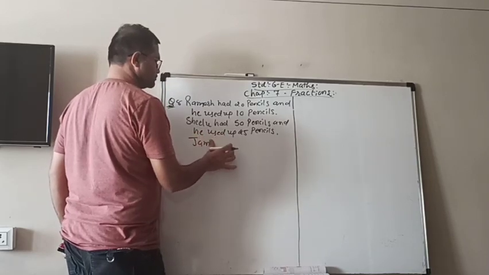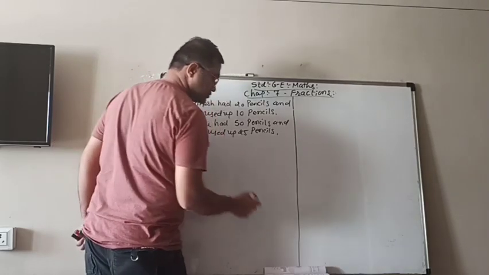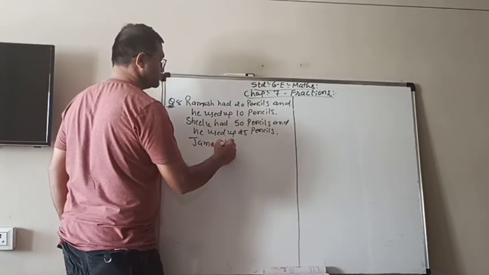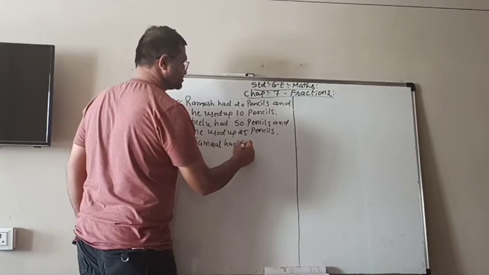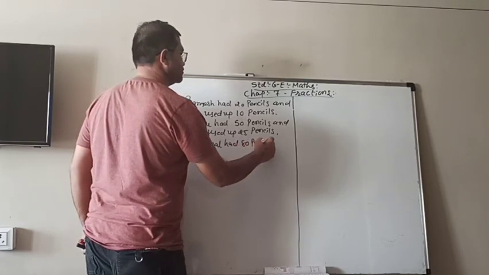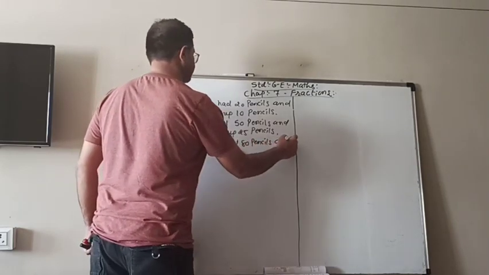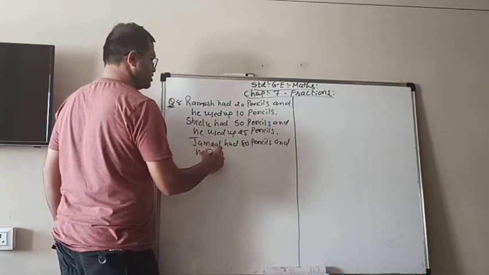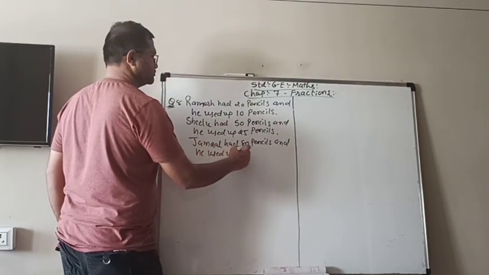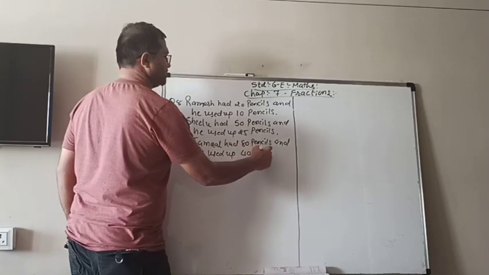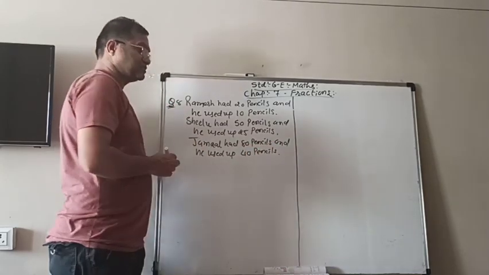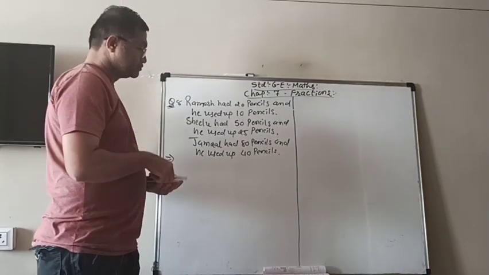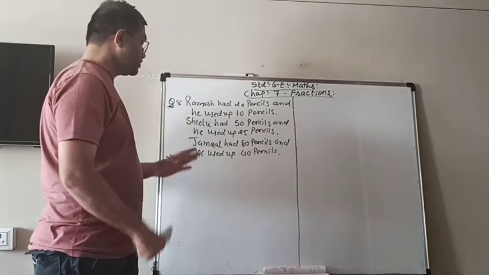Jamal, he had how many? 80 pencils. And he used up 40 pencils. Now we have to find the fractions that they used up of the pencils.